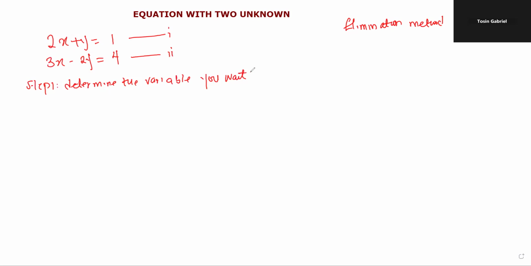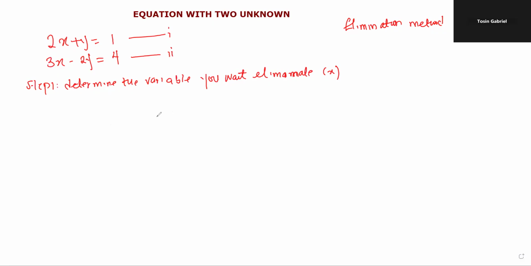Basically, I'm eliminating x. Once you determine the variable you want to eliminate, you need to check if the variable, x, has the same coefficient in both equation 1 and equation 2. So that's the second step.